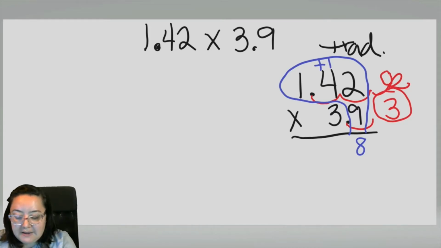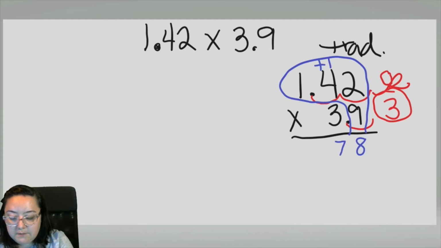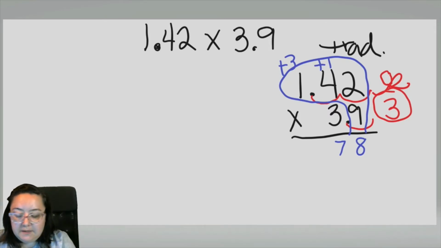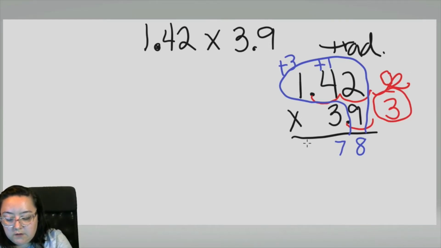My next step is to multiply 9 times 4. And 9 times 4 is 36, and 36 plus 1 is 37. So we bring down our 7, add 3. My next step is 9 times 1 plus 3. 9 times 1 is 9, and 9 plus 3 is 12.